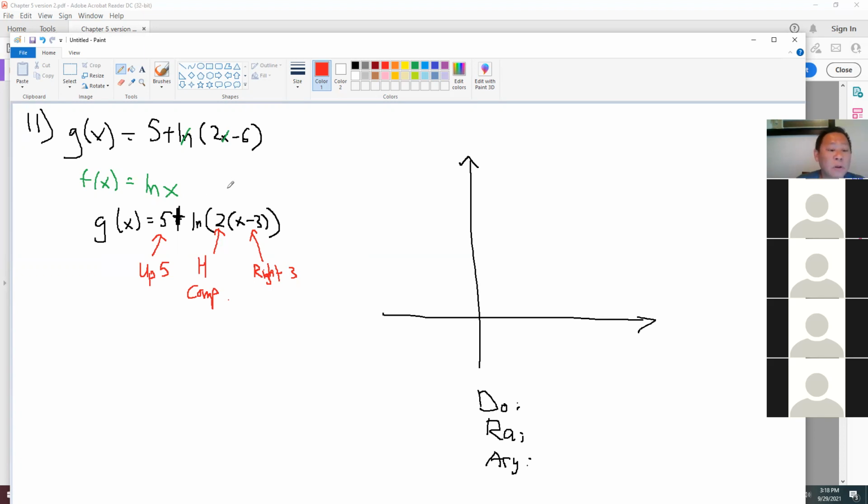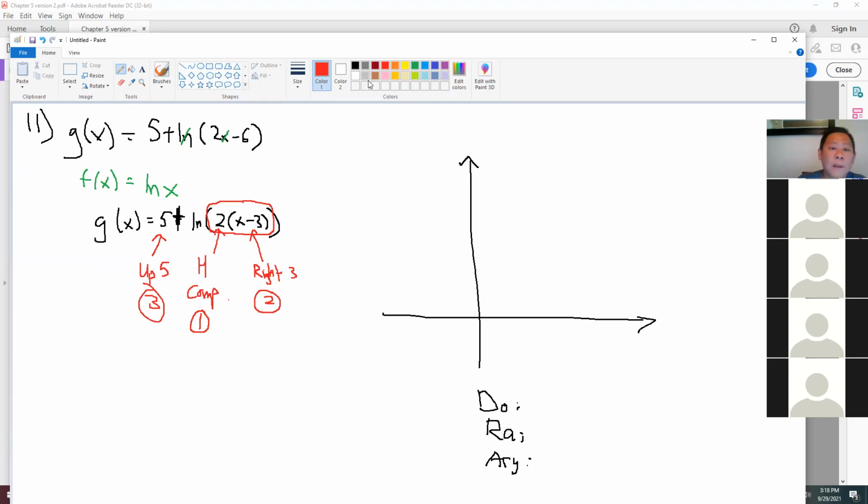But actually, this whole thing is treated as 1, so you have to do the horizontal compress first. This is multiplied before you do the right 3. Then the up is always the last one, up 5. So when you have a horizontal compress, you have to do that first before you perform left or right.